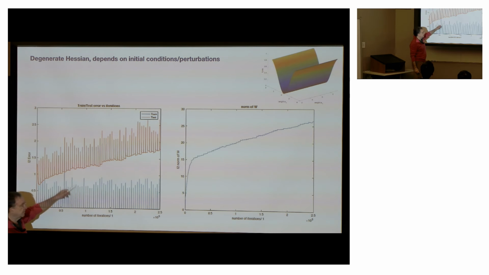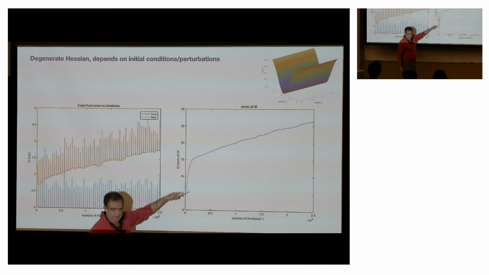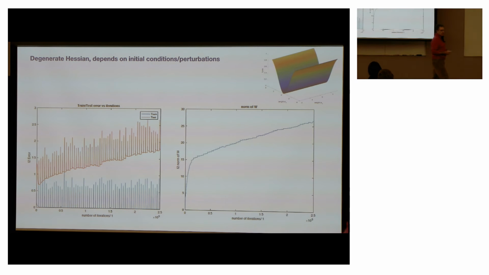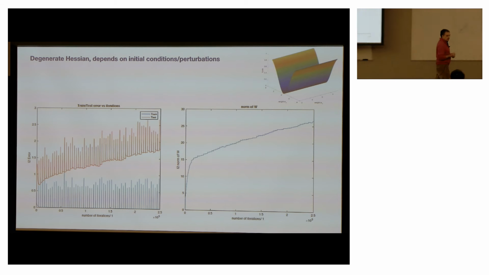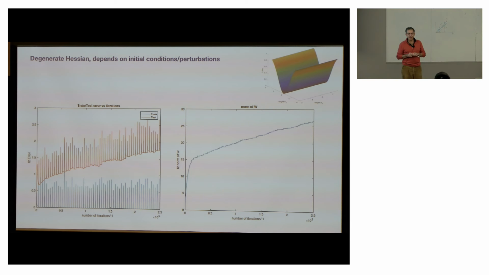Before it was flat. And the total norm of the weights increases. These two things are related to what Sasha was saying last time. So you are increasing the norm because of the perturbation. You are not increasing the margin because you are really increasing the norm of the directions that don't matter for the error.